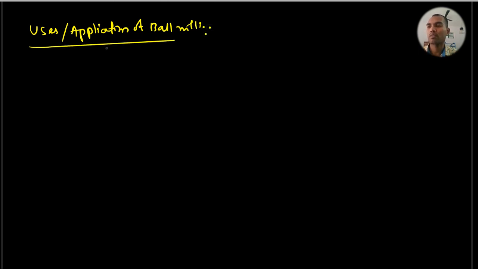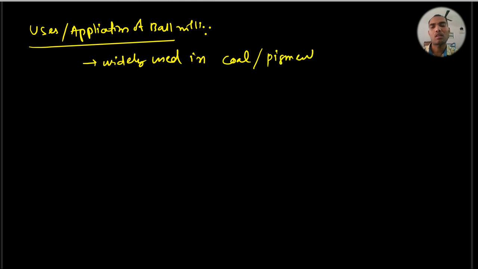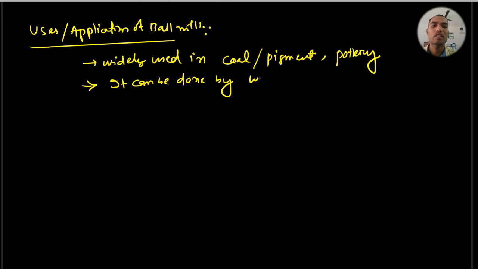It is widely used in coal processing, color pigments, and pottery. In these industries they are widely used. It can be done by either wet grinding or dry grinding.